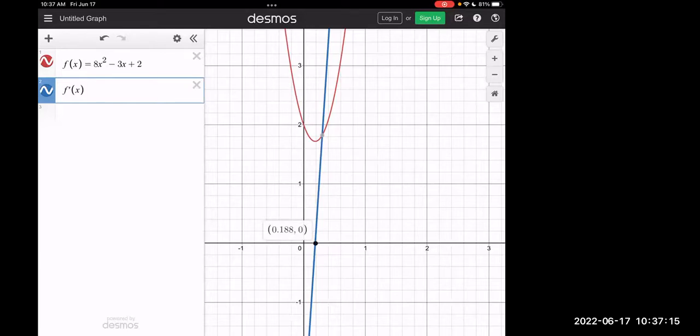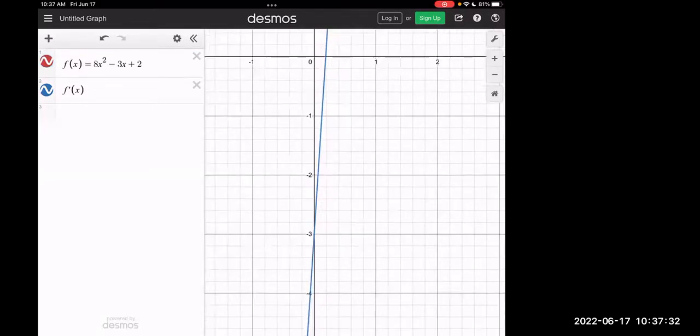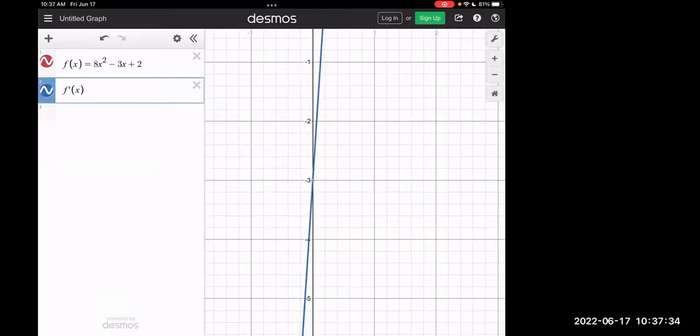So if they say like, what does the derivative equal when x equals 0? I'd be like, I don't know, like around -1, maybe -1.5. But I could go right over here to my blue function and look at when x equals 0, the derivative is -3.